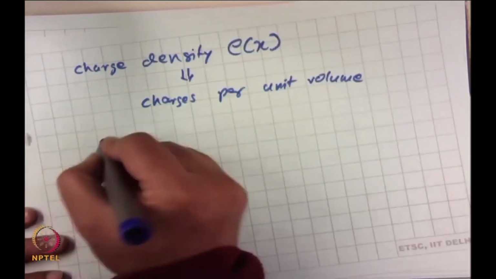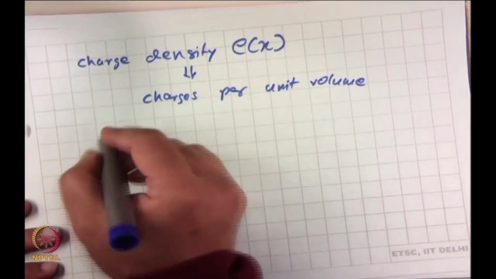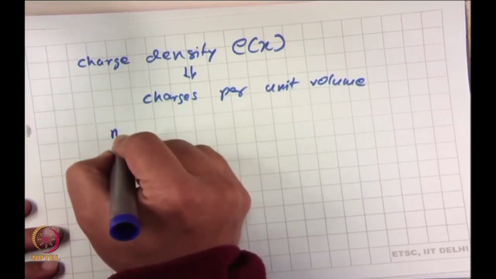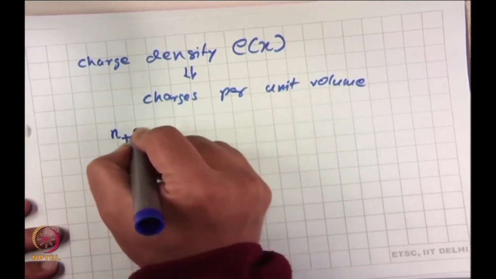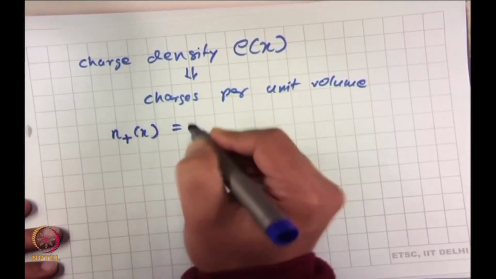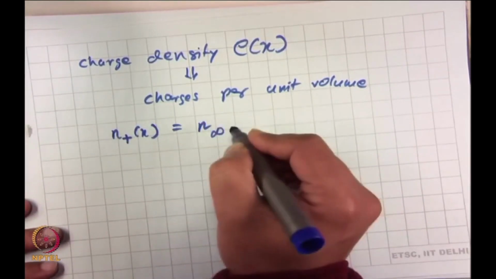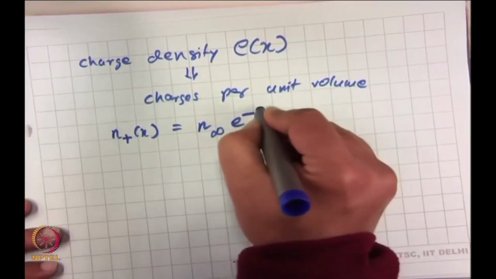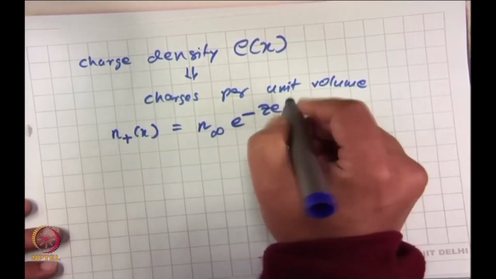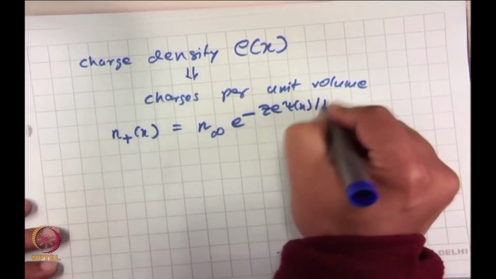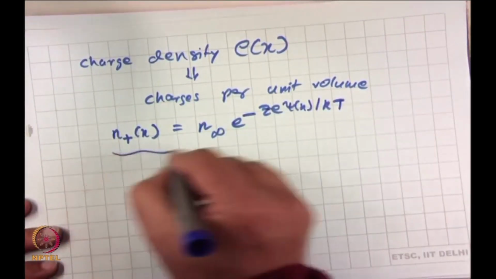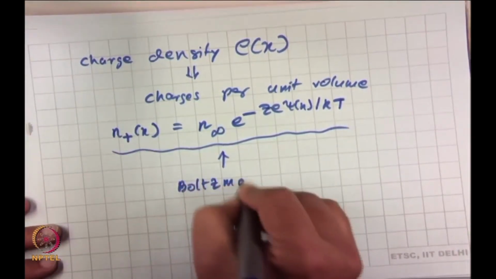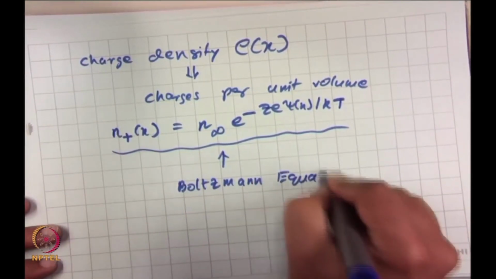Now, I am going to look at rho of x. Probably you know this: I can say n plus as a function of x is equal to n infinity e to the power minus z e psi of x over k T. I will tell you what this means, but for the time being, we consider this as coming from your Boltzmann equation.